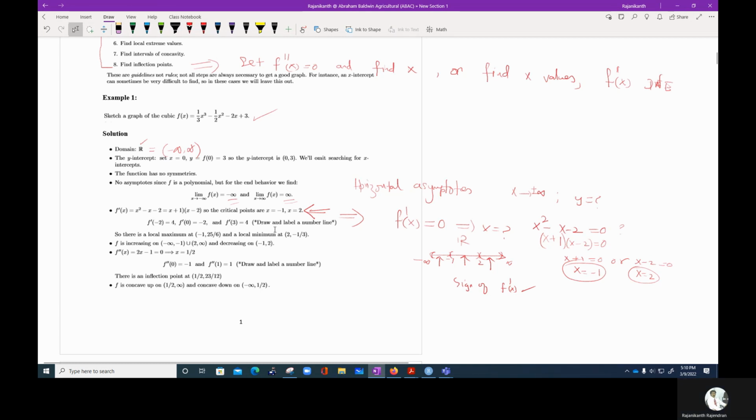So you could check by using test points. The first one, we choose -2.